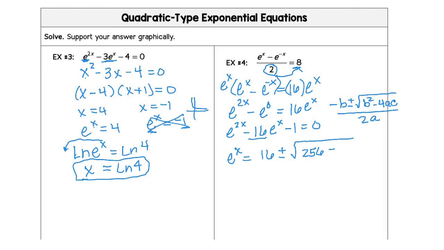So that's really just going to be a positive 4. And that's all over 2. Okay, so we can use our calculators to simplify that up some, but I don't have a calculator with me, so I'm going to leave it like that, and then y'all can go ahead and simplify that as you go.